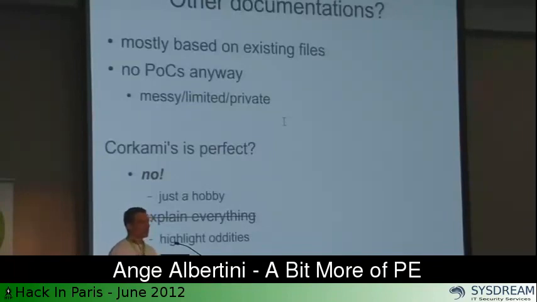And most of the time you only get a web page with pictures, not the actual proof of concept that runs and that will save you time, because sometimes the text is not so understandable. When you have the proof of concept, you know this is how things work. Usually they are either very limited or messy, like patch files, or they are private and you have to contact the person.